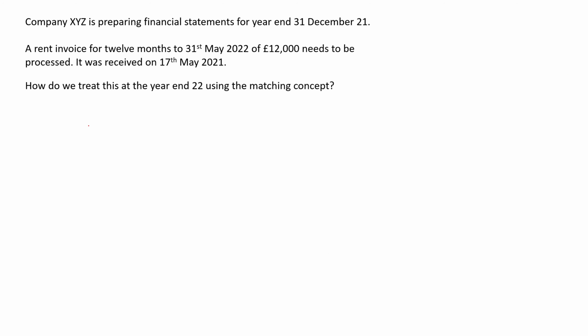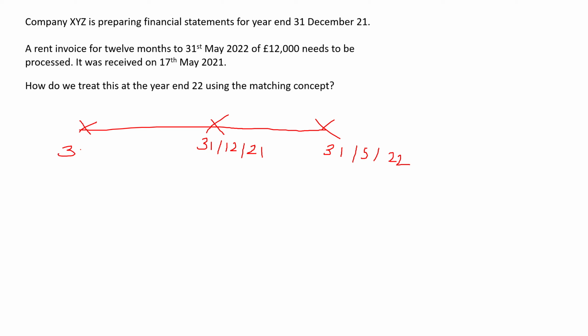Let me just use this to help with this question. Okay, so we had 31st of December 21 here. We had 31st of May 22 here. And you had 31st of May 21. So we knew that £5,000 was on this side and £7,000 was on this side.